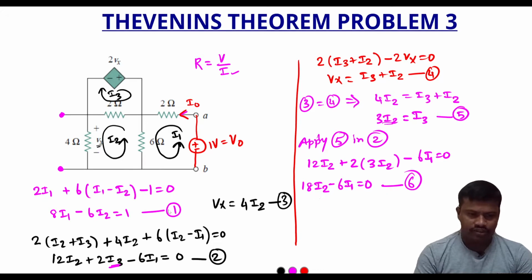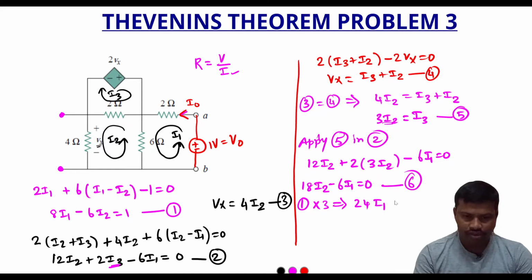To cancel out I2, I can multiply equation 1 by 3, which will become 24I1 minus 18I2 is equal to 3, and equation 6 we can write as it is.